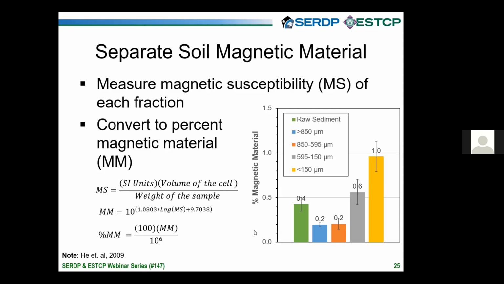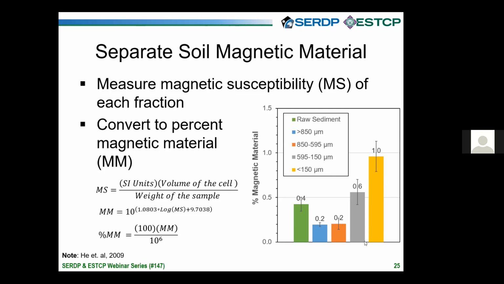So we took the sample from the Arizona site and measured the percent magnetic material in the sediment as received, and then in the different size fractions. And what you see here is that the magnetic component increases with the smaller size fraction. So for this project, under ideal situations, we would have picked the less than 150 micron fraction to do the experiments with.